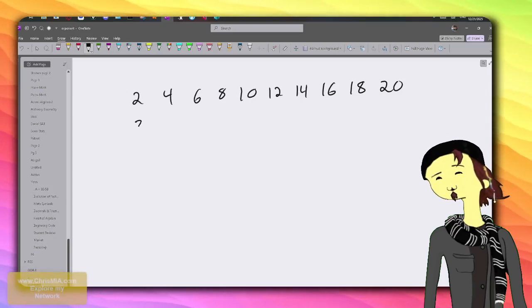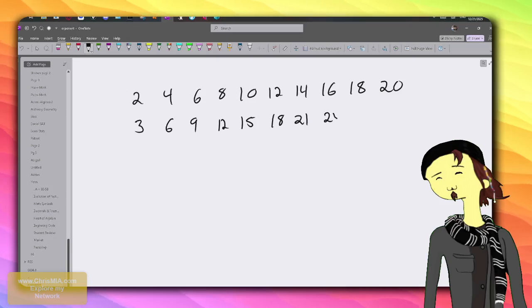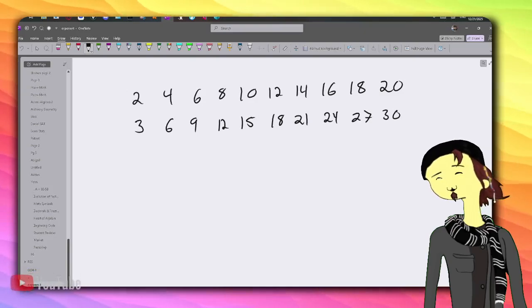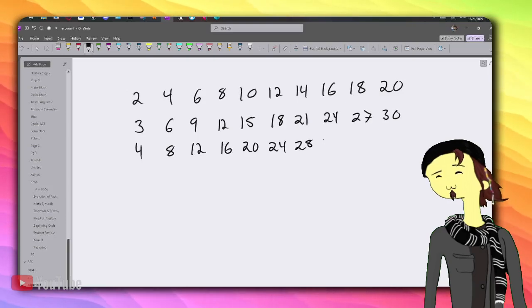Then we go to our threes. 3, 6, 9, 12, 15, 18, 21, 24, 27, and 30. We keep going. We keep practicing these numbers in skip count form. So we're skip counting now by 4: 4, 8, 12, 16, 20, 24, 28, 32, 36, and 40.